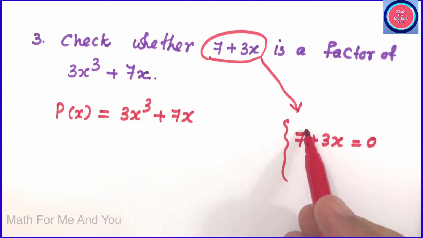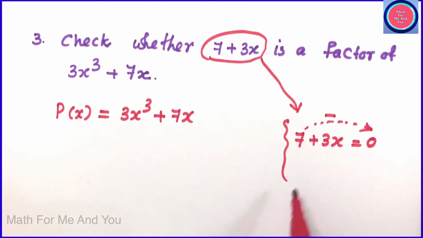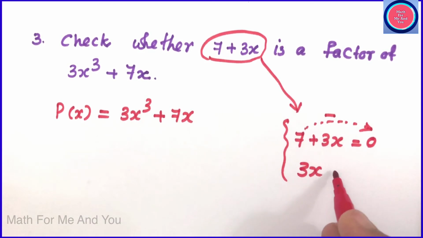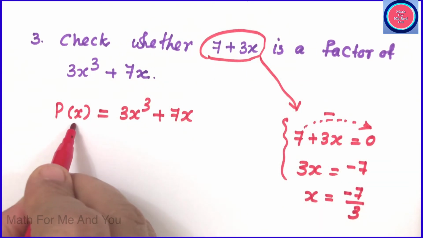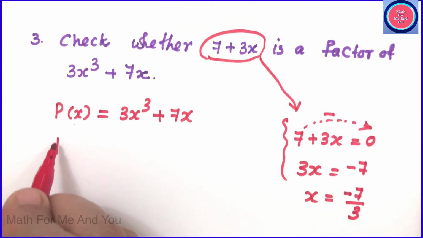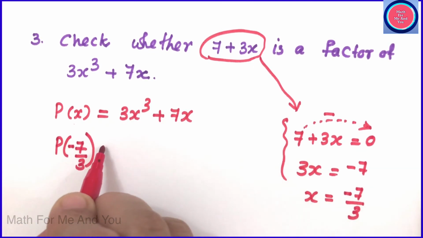First find the x value, then check whether when we substitute we get the remainder 0 or not. We can move 7 to the right side. It becomes minus 7. 3x equals minus 7. What is x? Divide by 3 both sides. So we get x equals minus 7 over 3. Substitute in this polynomial, and if we get the remainder 0, we can say this is a factor.